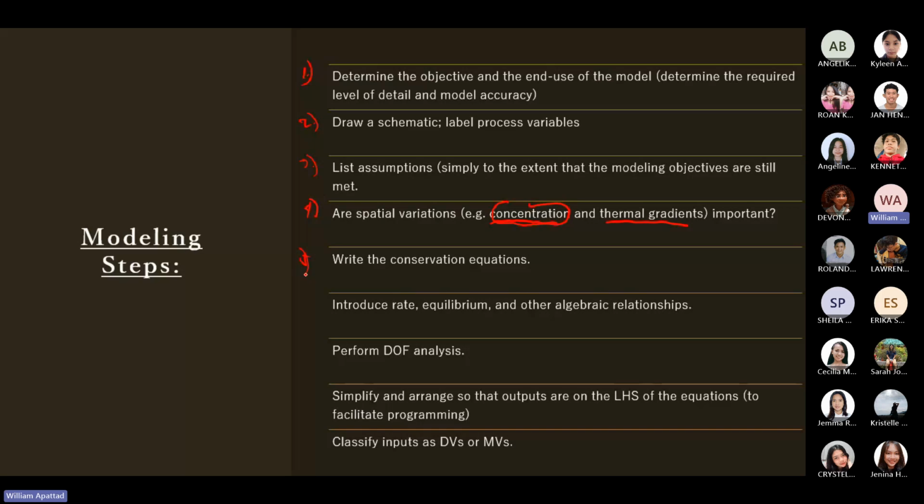Hindi natin kailangan ng energy balance doon because our control objective does not include temperature. Okay? 6, we need to introduce rate, equilibrium, or other algebraic relationships kung kinakailangan. Hindi lagi na meron. Kung may reaction na nangyayari, of course, you introduce rates. You introduce algebraic relationships between the components.